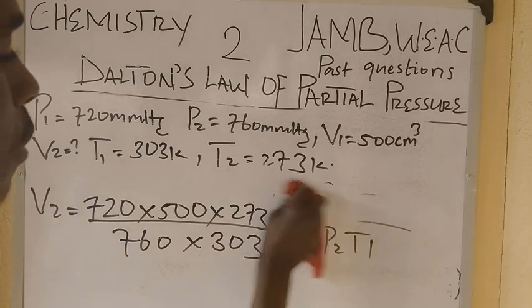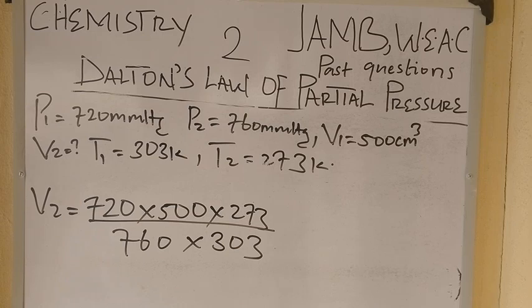So can you see? You just insert your values here. So you now say 720 times 500 times 273.